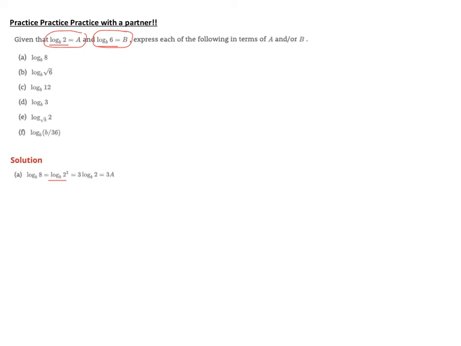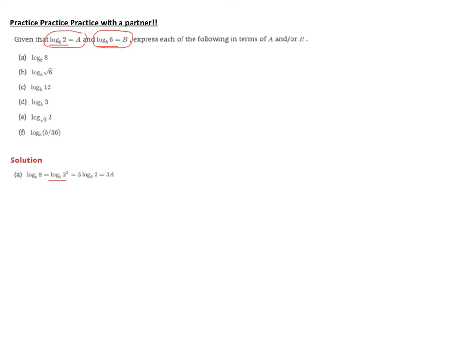Using the properties that we talked about so far, you can bring the exponent down in front, and look at that. You have 3a. So you're going to try B, C, and D using that idea that you want to get log base b of 2 or log base b of 6, because that would be a and b.